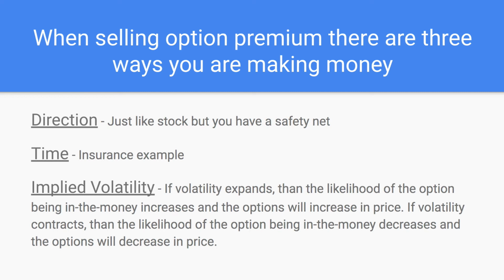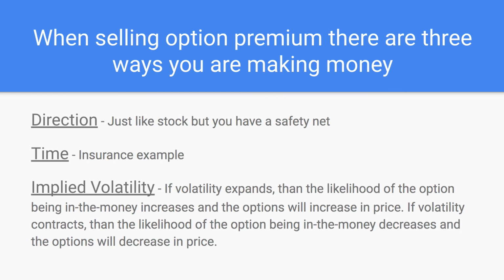before they actually expire. Additionally, we make money from implied volatility being overstated. So if volatility expands, then the likelihood of the option being in the money increases and the options will increase in price. If volatility contracts, then the likelihood of the option being in the money decreases and the options will decrease in price.